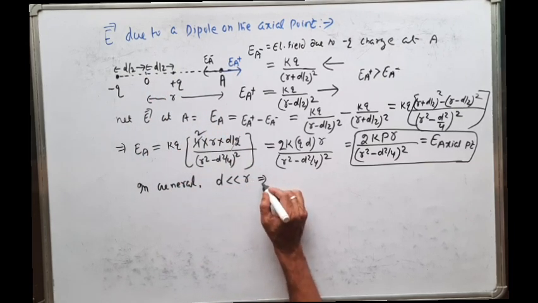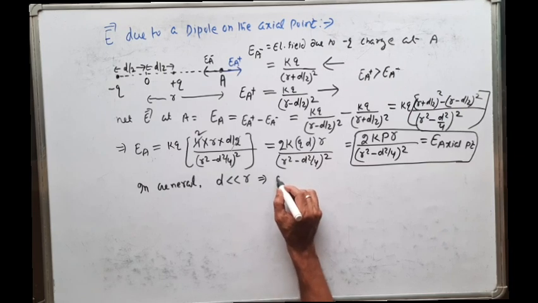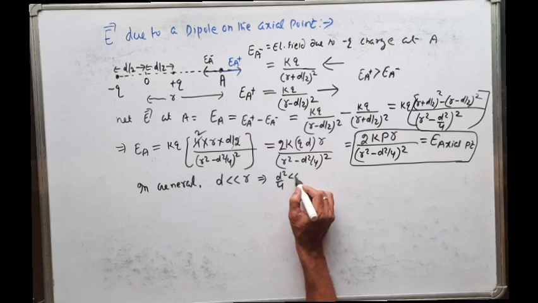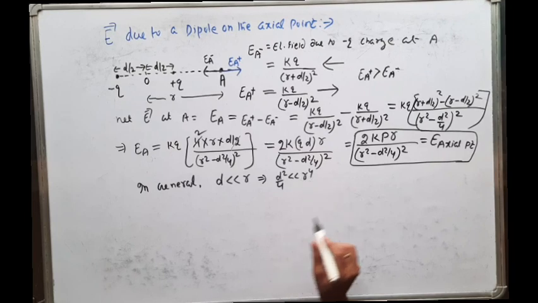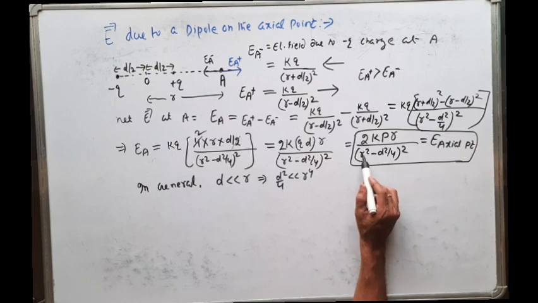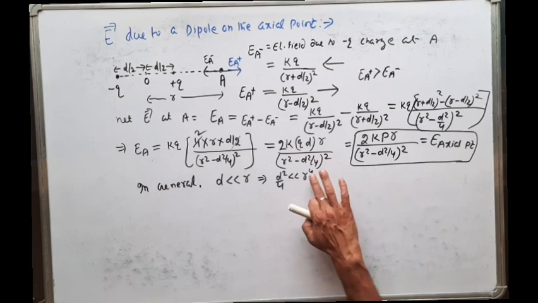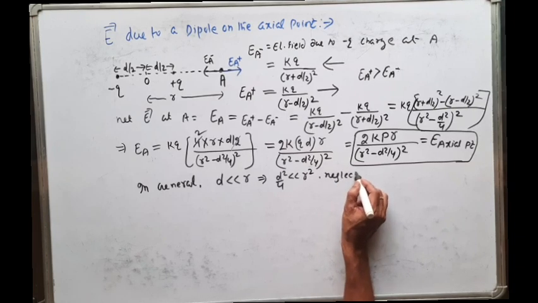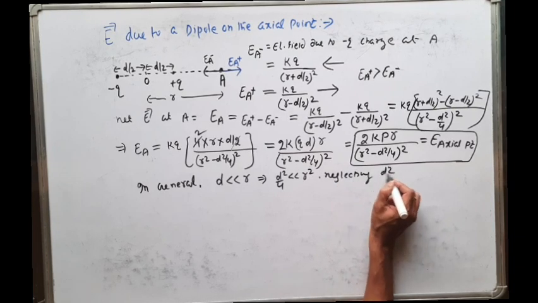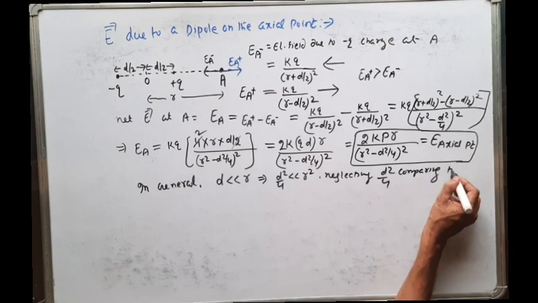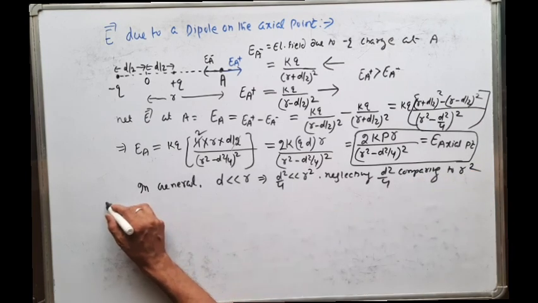If d is very, very small compared to r, then d square by 4 is also very, very small compared to r square. So we can neglect d square by 4 comparing to r square.